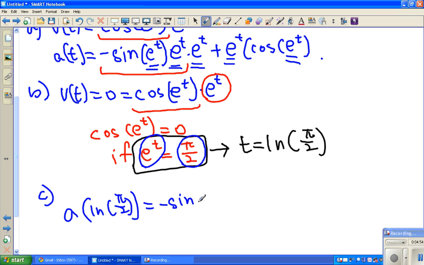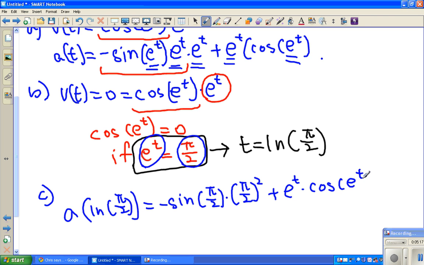Negative sine of pi over 2 times pi over 2 squared, because we have two of those, e to the t, right here. Now, plus, oh wait a minute, you will realize that when you plug this value in, this portion is equal to 0, because that's how we set it up, as you can see right here.